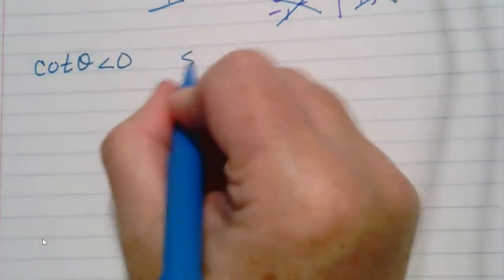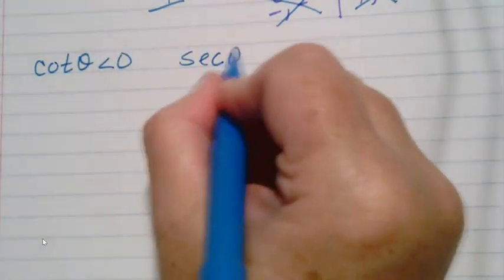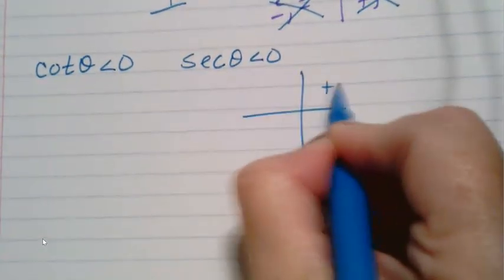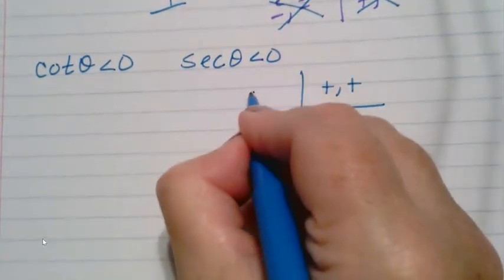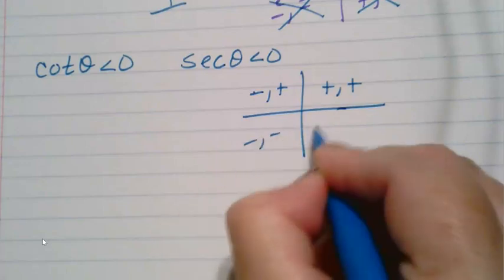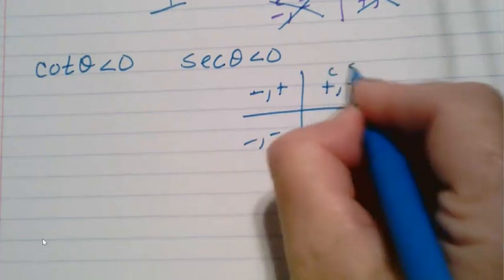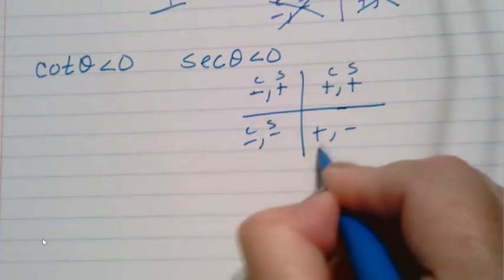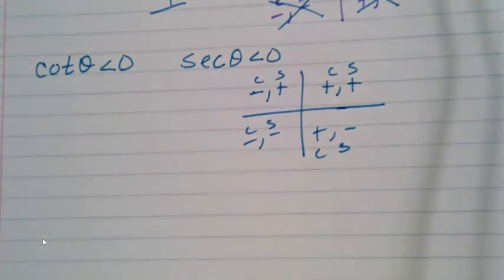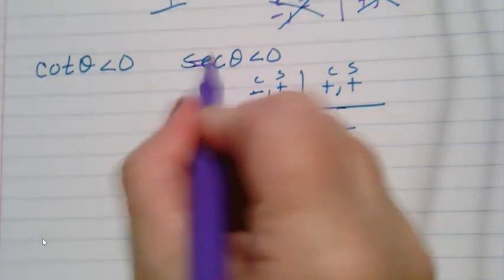Okay, one more. Cotangent and secant. Okay, let's deal with secant first. Secant is the reciprocal of cosine.